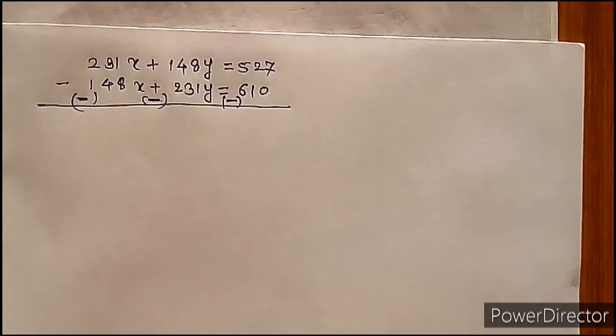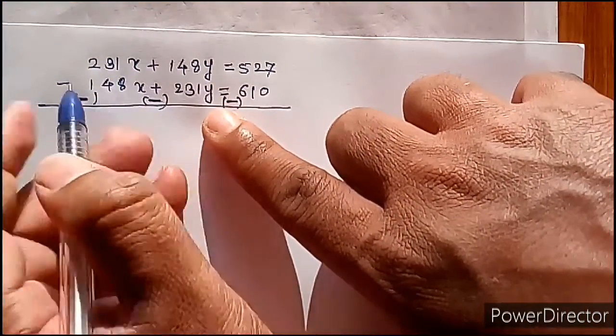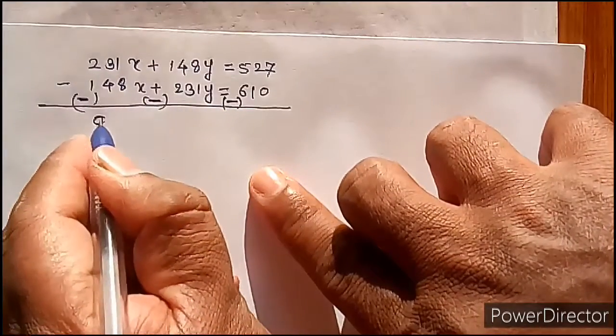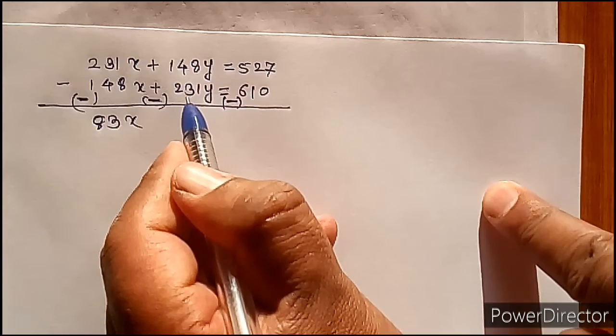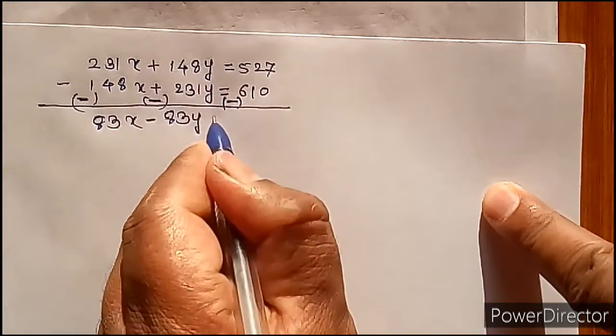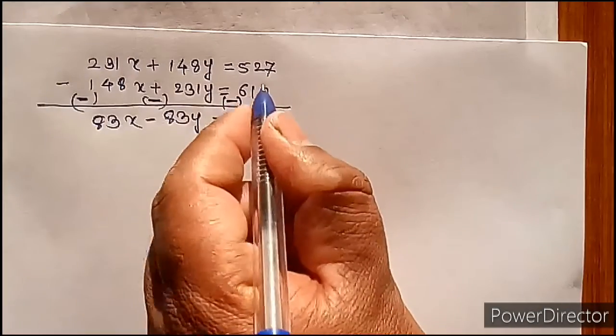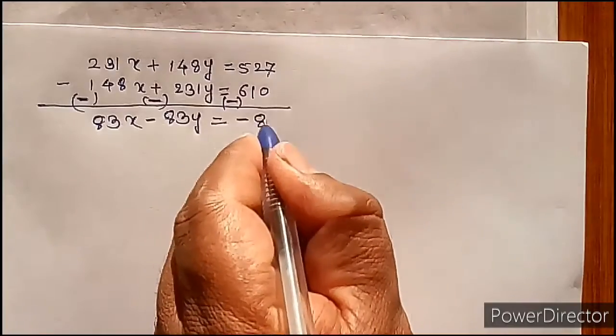Now on solving this, what we get is that 231x minus 148x will be 83x. Now plus 148y minus 231y, that will become minus 83y, equals 527 minus 610, that will become minus 83.